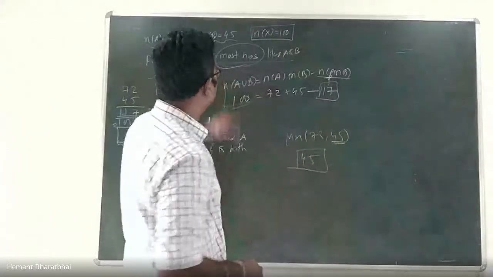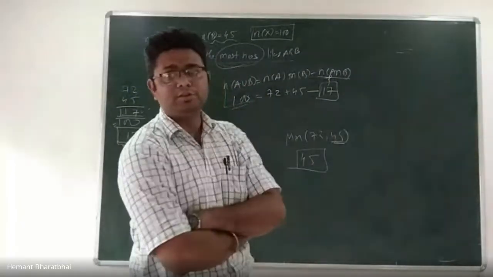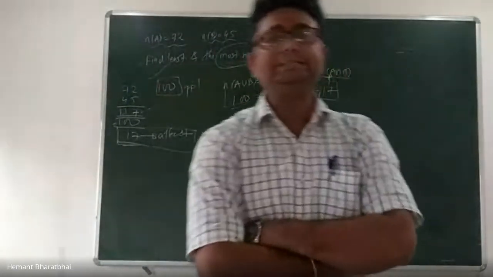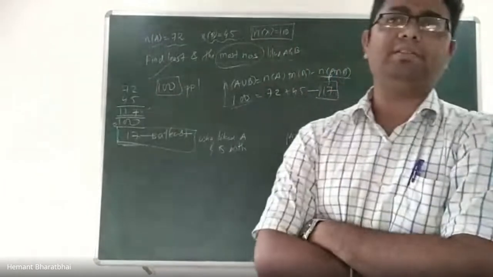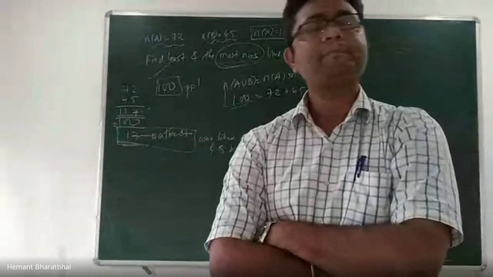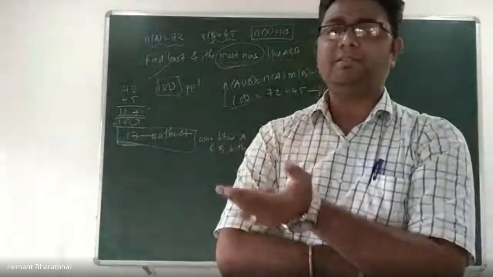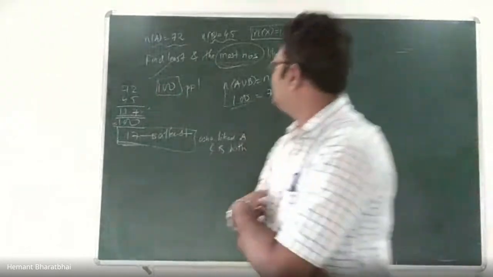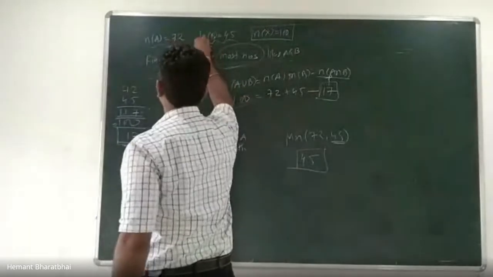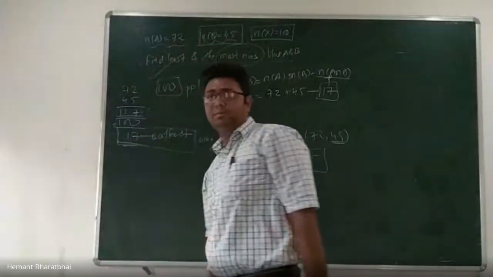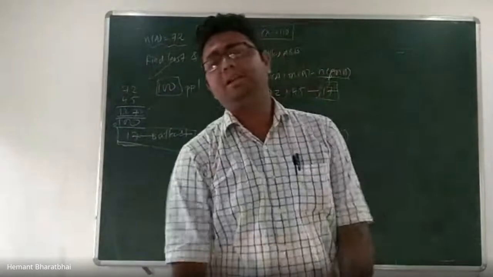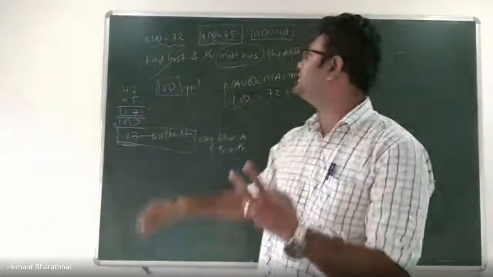Because there are 45 people who have liked product B. So there can be a maximum of 45 people who have liked B also and A also. So the moment I take 46, he must have liked A also and not B, because there are only 45 people who have liked product B. So the maximum possibility of liking both the products is only 45.